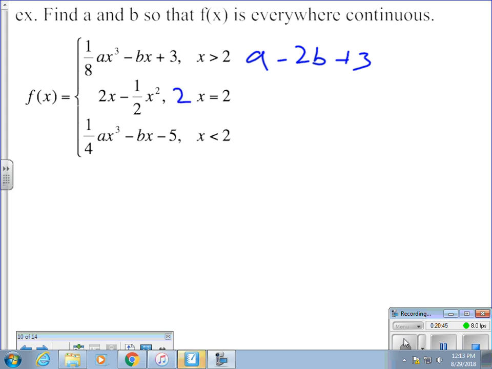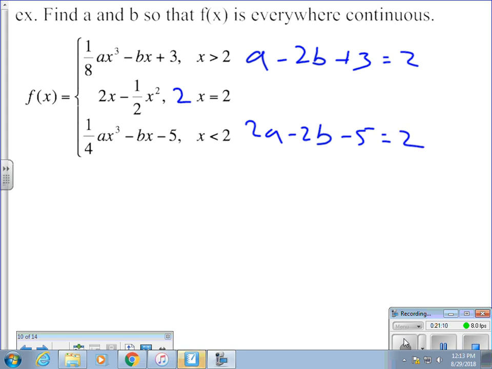I'm just going to write it over here. I plug 2 into this one. I get 8, 1/4 of 8, so I get 2A, and that's minus 2B minus 5. In order for it to be continuous, these two need to be equal, and they need to be equal to 2. That needs to be true.